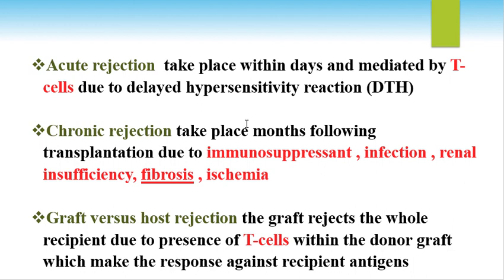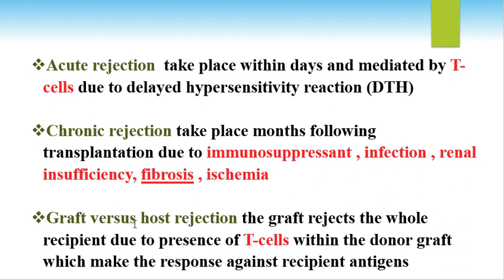Chronic rejection takes place months following transplantation due to immunosuppressant, infection, renal insufficiency, fibrosis, ischemia. Fibrosis may result from harsh or difficult surgery.